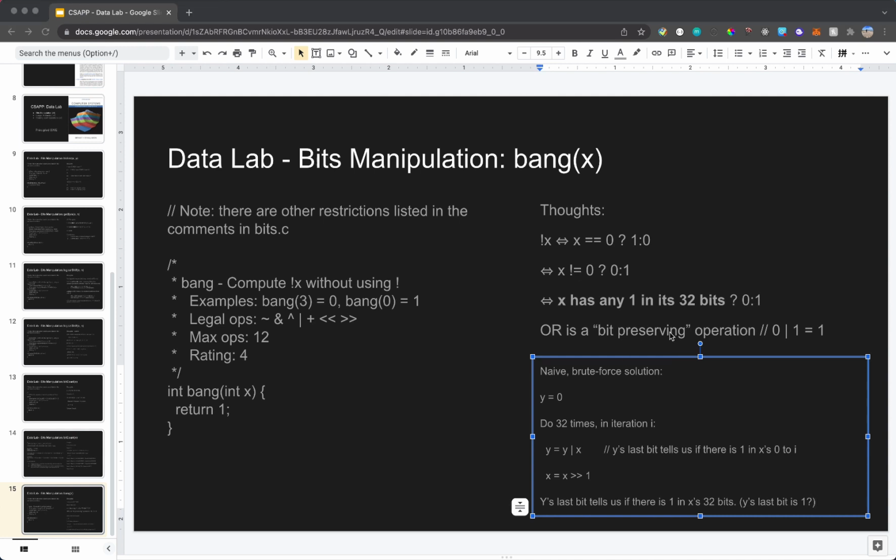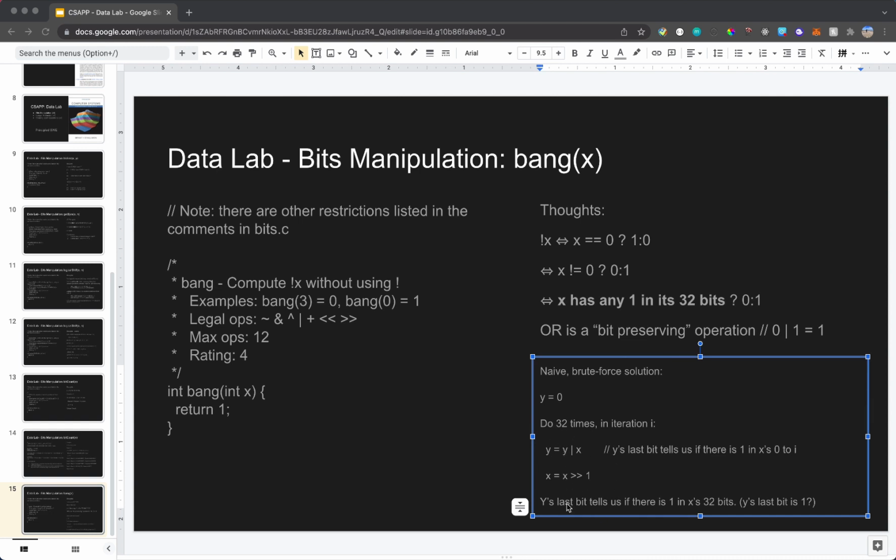And then a trivial last step is to flip the last bit of y in order to match the 0 and 1 return values. So with this, by using right shift and bit-level OR, we are able to tell whether x has any 1 in all of these bits. This logically should give us the correct answer, but there's one problem.